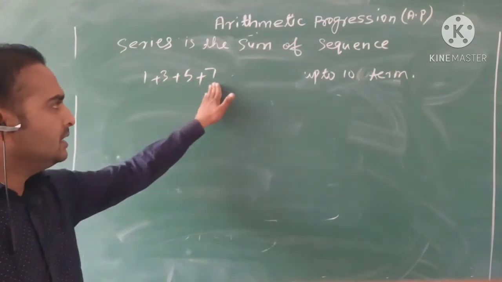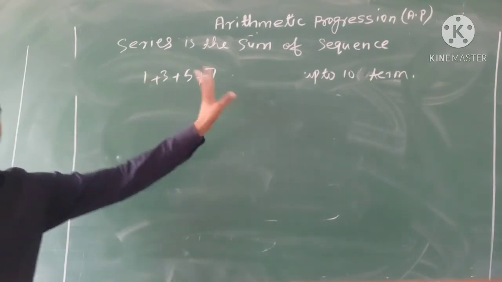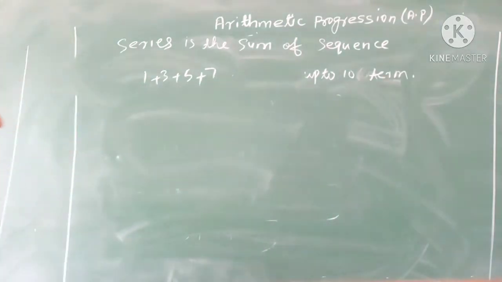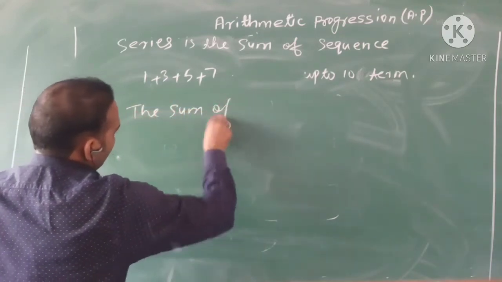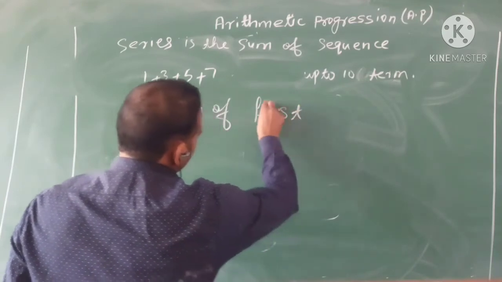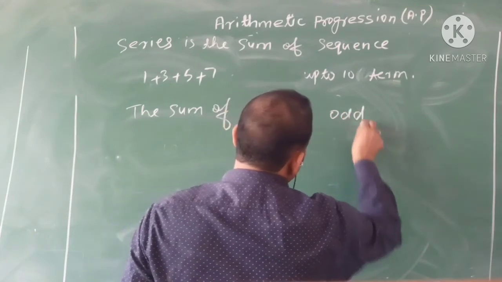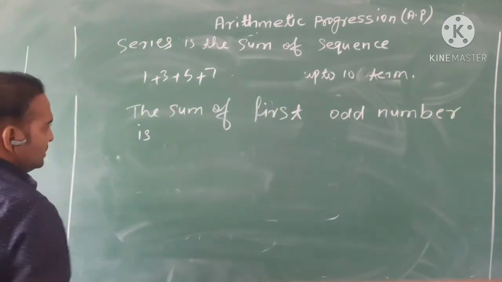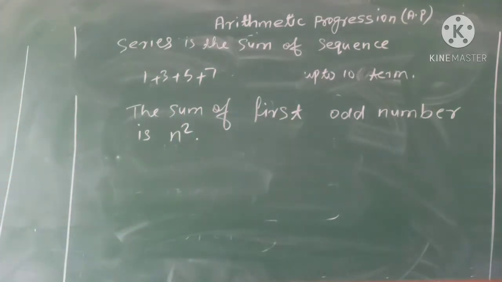If the numbers are in AP and the numbers are odd numbers, the sum of the first n odd numbers is n square.